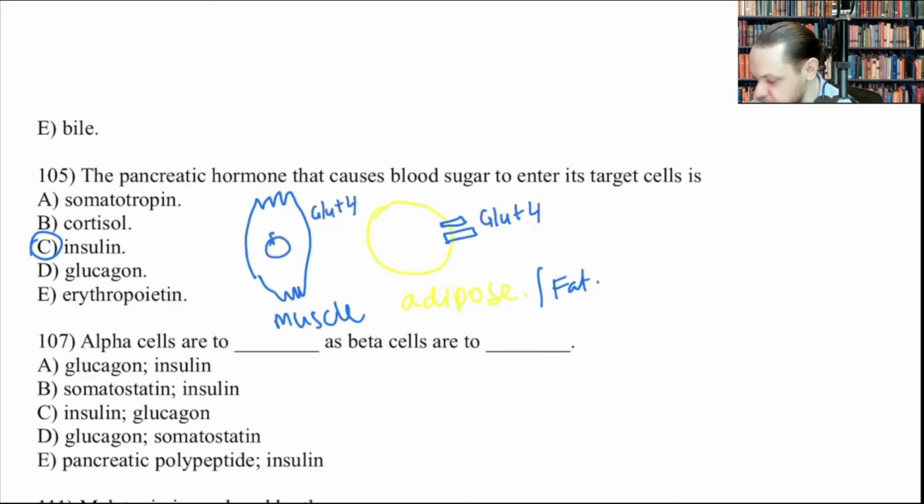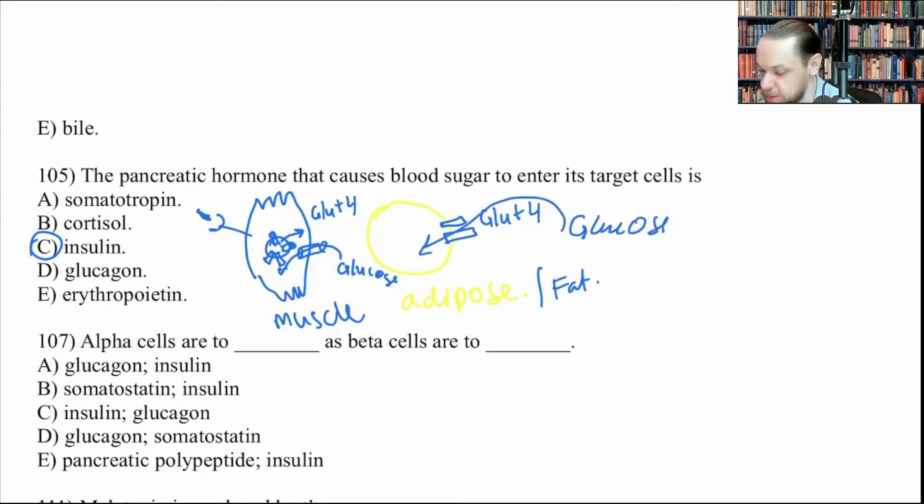When the insulin binds here, it is going to cause those secondary messengers, and these glucose type 4 transporters are going to be expressed on the membrane surface. And then glucose can come in from the outside to inside the cell, specifically muscle and the adipocytes.